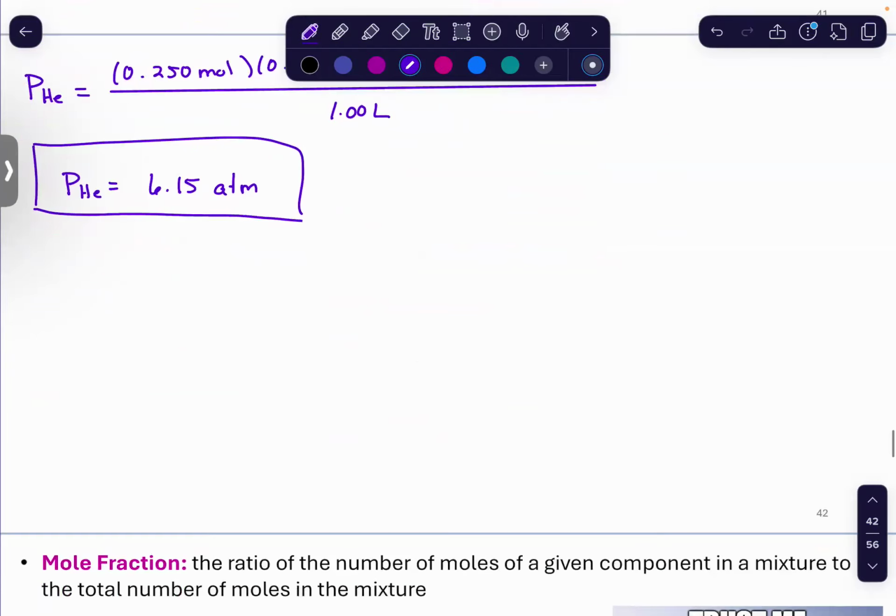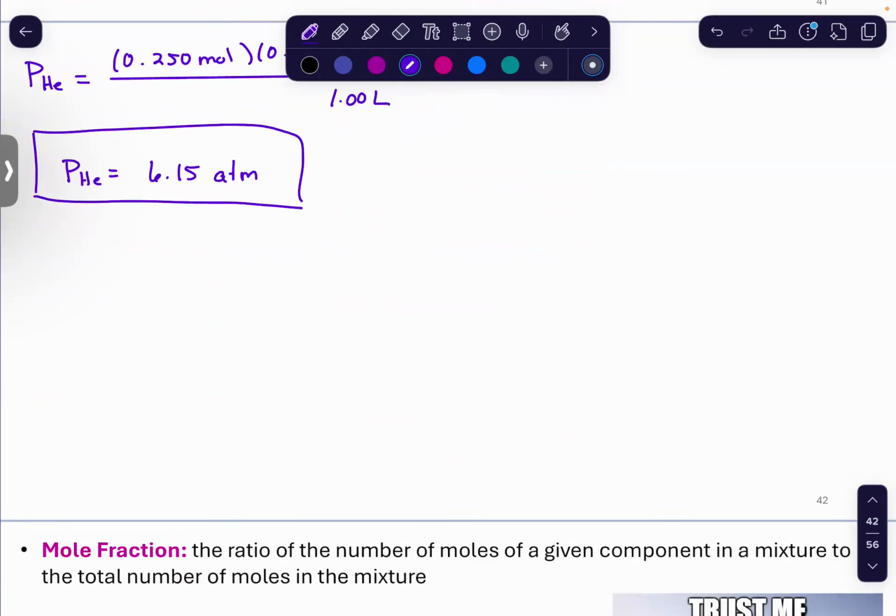Now the only thing we need left is total pressure. So remember Dalton's law. In this case, we just have our two gases. So it's going to be the pressure of hydrogen plus the pressure of helium.